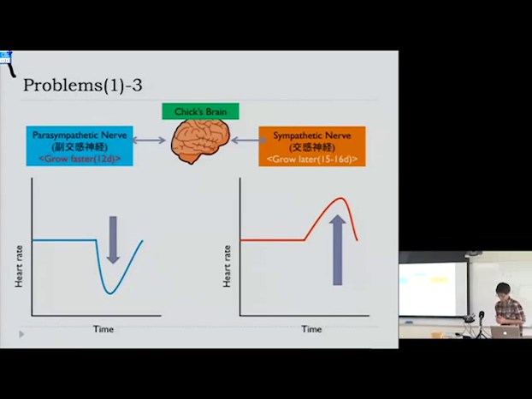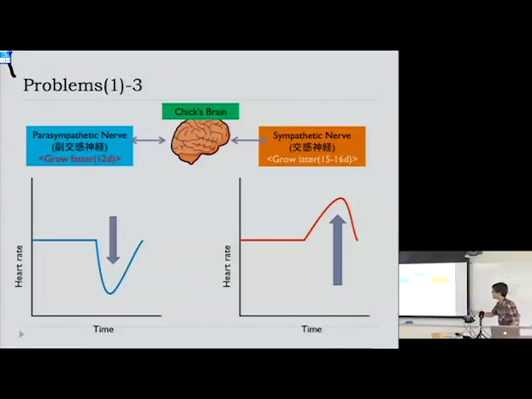Maybe you know the autonomic nerve. In Japanese, parasympathetic nerve is 副交感神経 and sympathetic nerve is 交感神経. In chick embryos, firstly the parasympathetic nerve is developed and functional, and after that, the sympathetic nerve becomes functional.